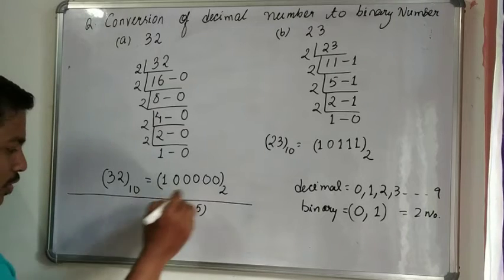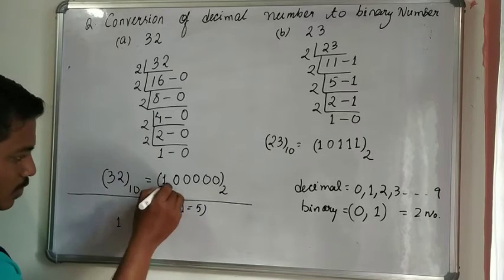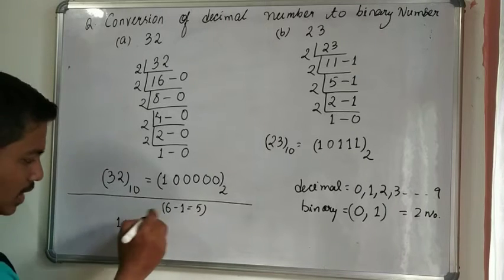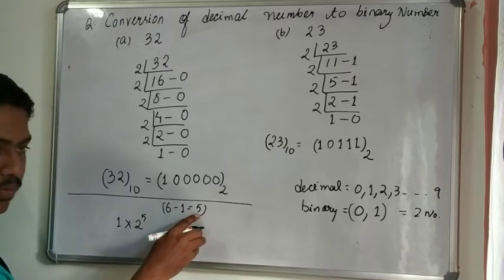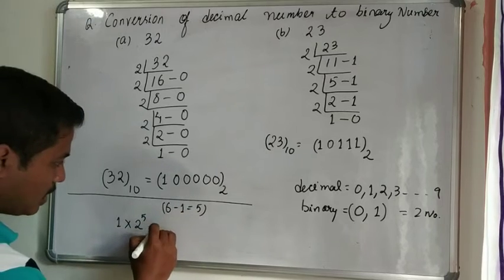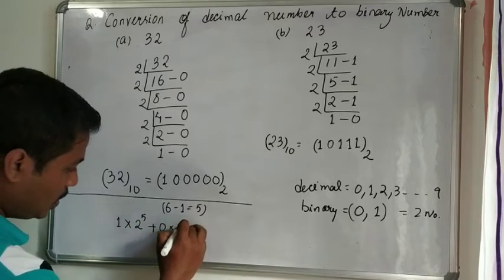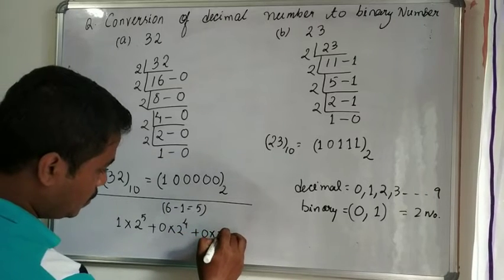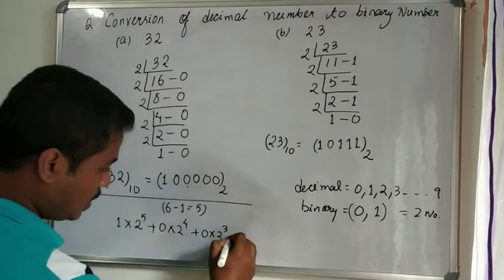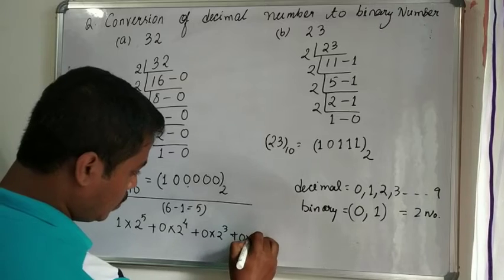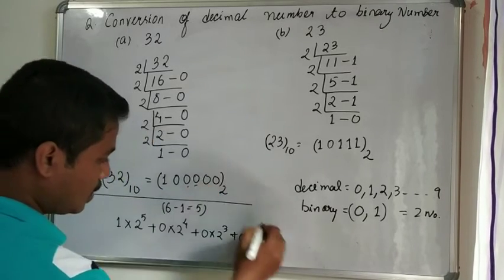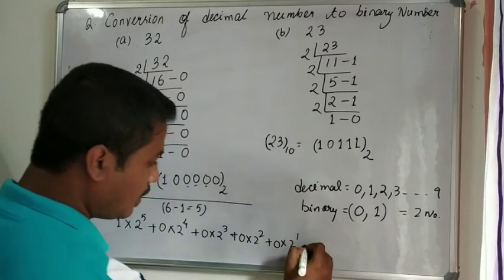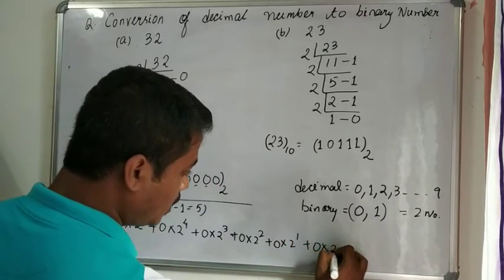The first digit, that is 1, you multiply with 2 to the power 5, plus the second digit, that is 0 into 2 to the power 4, plus 0 into 2 to the power 3, plus 0 into 2 to the power 2, plus 0 into 2 to the power 1, plus 0 into 2 to the power 0.